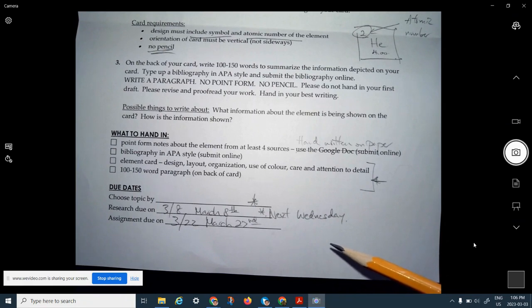I will quiz you on your element symbols at that time. I'll also give you a work period to work on your research and the element card. In the meantime, I'll be calling people up and looking at their research notes. I will go over your sources as well and check whether you have sufficient notes or not. Okay.